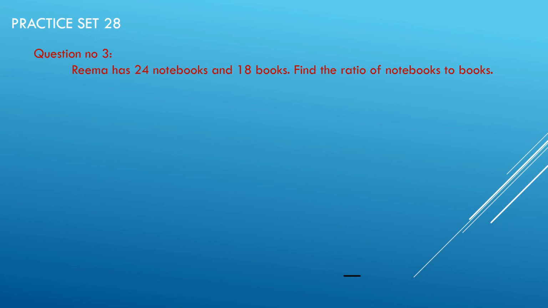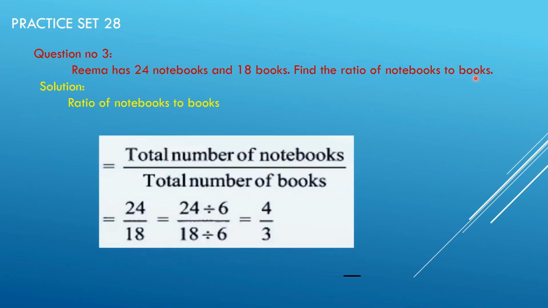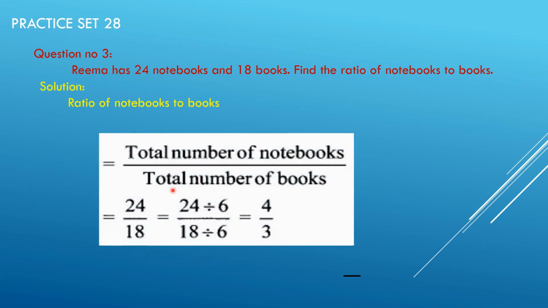Question number 3. Rima has 24 notebooks and 18 books. Find the ratio of notebooks to books. Here the first quantity is the notebooks and the second quantity is the books. And solution, the ratio of notebooks to books is equal to total number of notebooks upon total number of books, that is equal to 24 upon 18, and the HCF of 24 and 18 is 6.